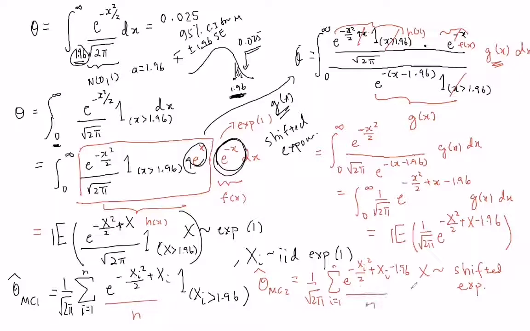Okay, divide by n. So where your x is shifted exponential, right? Okay, so let's look at the R implementation. Okay, so I have less than a minute now, so I'll stop here and then restart another meeting. Okay.